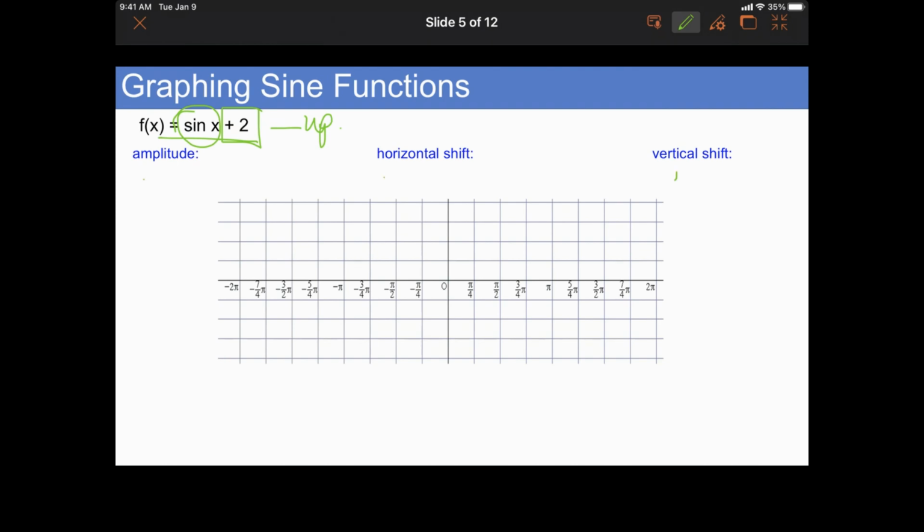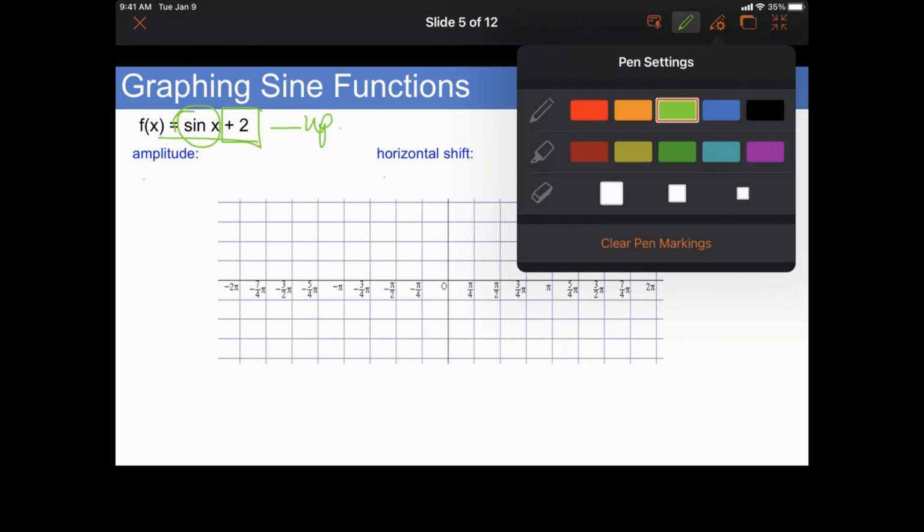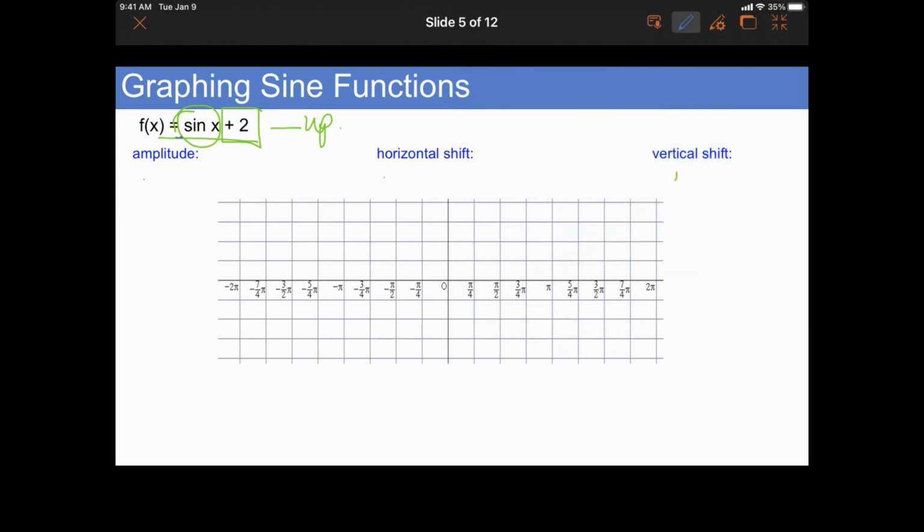So the amplitude goes in front. And since there's no number in front here, that is assumed to be 1. So the amplitude's 1. The horizontal shift is 0. And my vertical shift is up 2. All right. So because of this, we haven't changed the period. All of these will be period 2, or 2 pi.